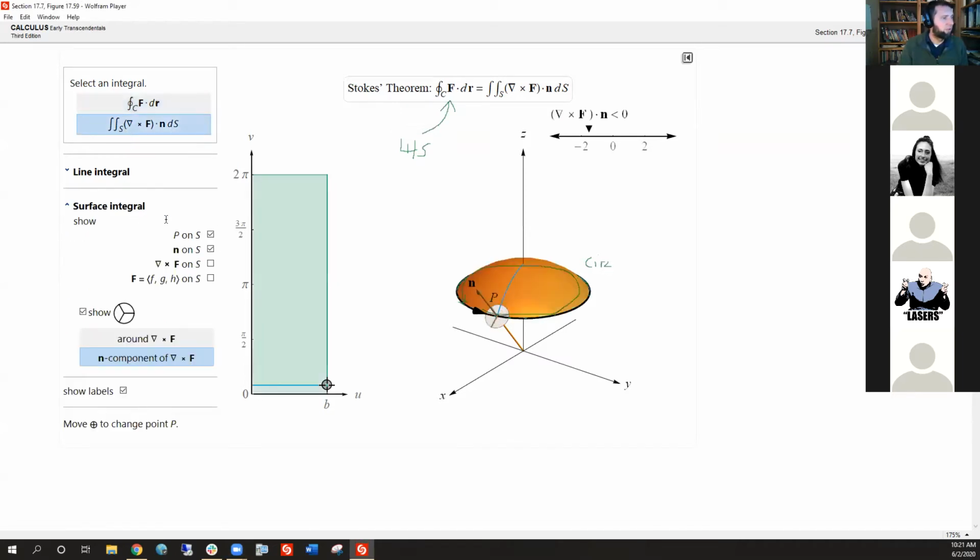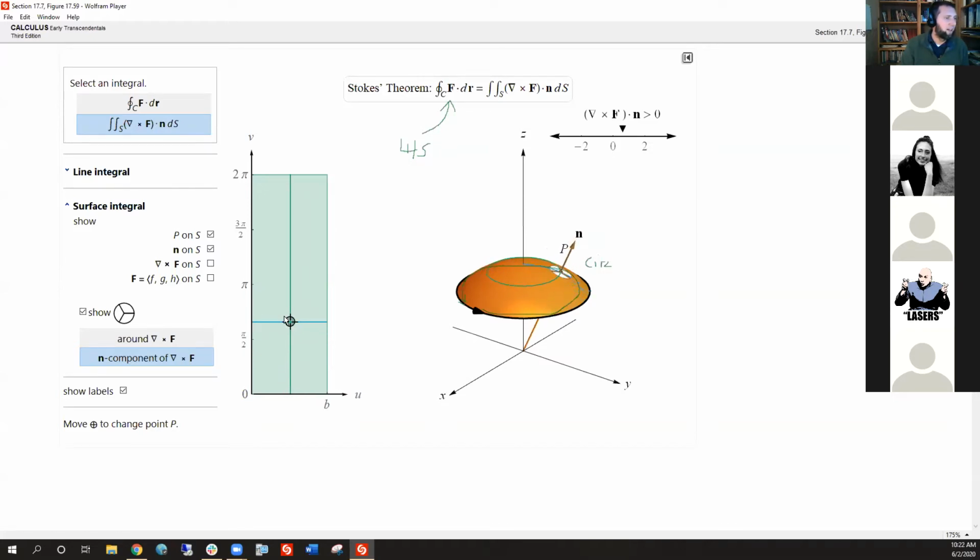Stokes' theorem says that what we could do is look at the curl all across this surface. The curl is telling us how fast the little wheel is spinning at any given point.